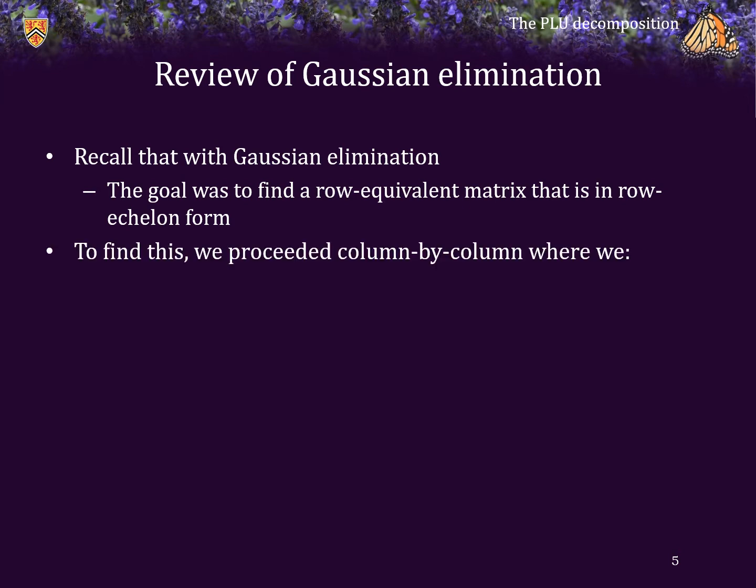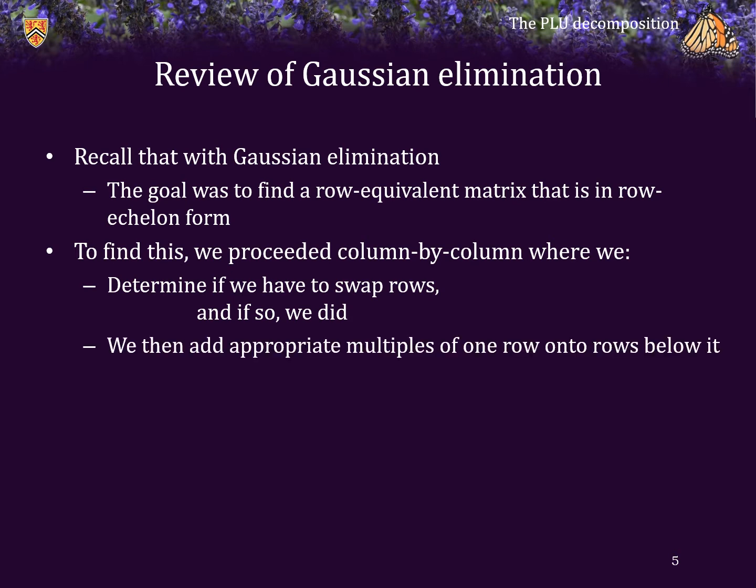So the way we proceeded was to go column by column, where we determined if it was necessary to swap rows, and if so, we did. And then we added appropriate multiples of one row onto the rows below it to eliminate entries below that value.